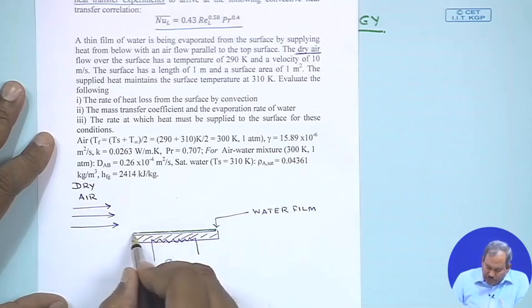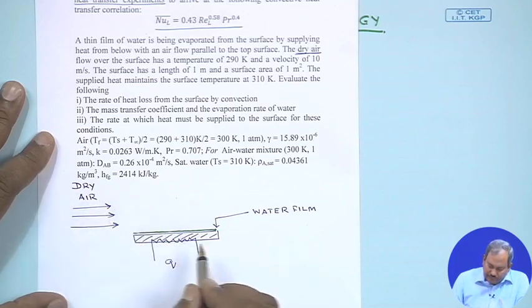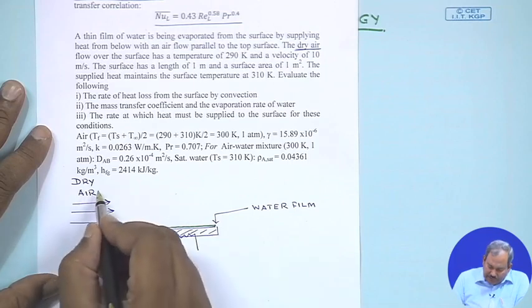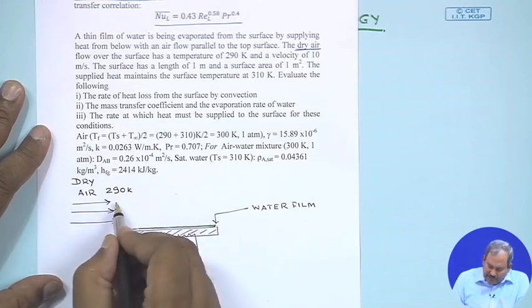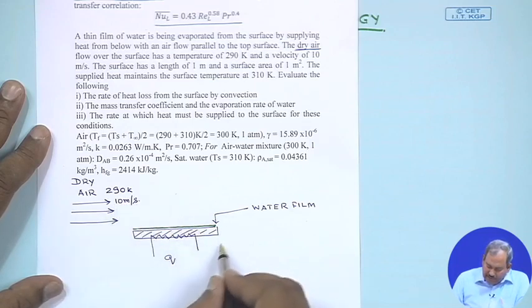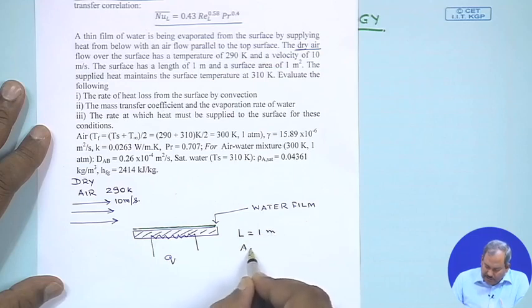So, the water film is evaporating in dry air, and the temperature of this air is 290 Kelvin, and it has a velocity of 10 meter per second, and the length of the surface is 1 meter, and the surface area is 1 meter square.